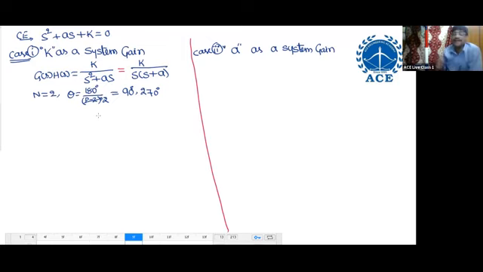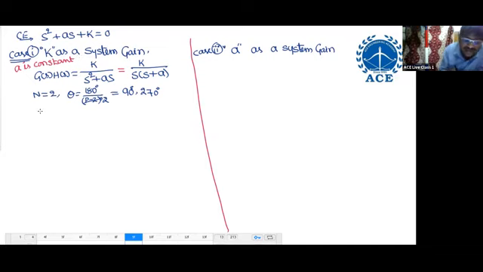Here we have to treat A as a constant. Constant means it may be 1, 2, 10, 1000 or any value.